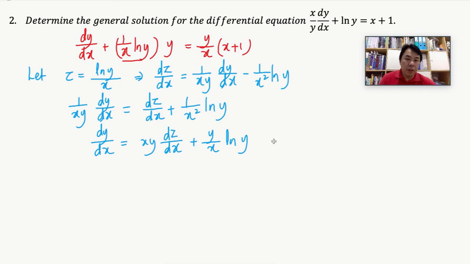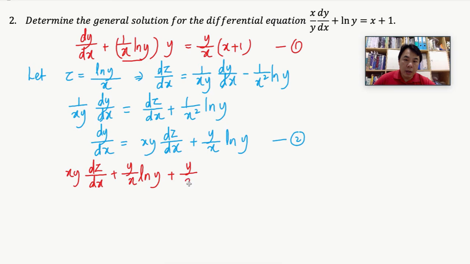Now, this expression here is very important at this point. So I'm going to substitute my equation number 2 into equation number 1 here. What I'm going to get at this point will be xy dz/dx plus y over x ln y, and then this part here is also another y over x ln y if you want to keep it as it is.